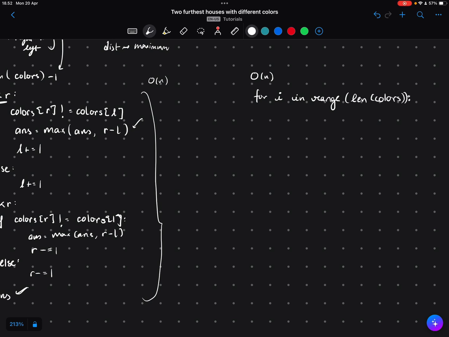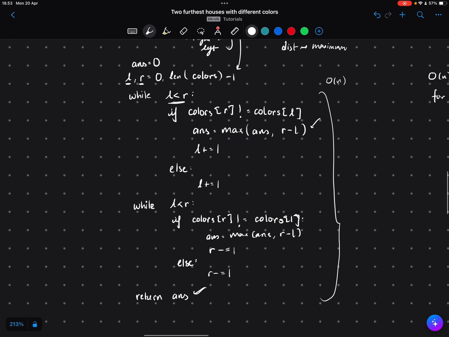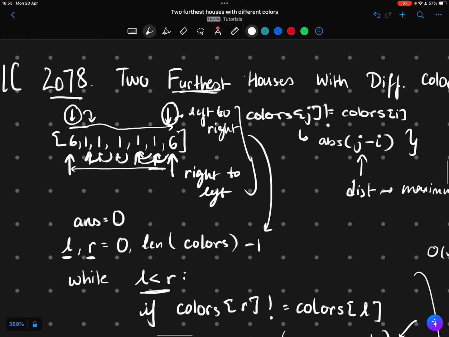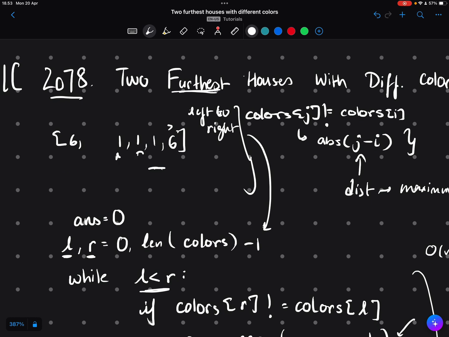So if we just do a simple for loop for i in range len colors, okay, we do the same condition. If colors i is not equal to colors j, okay. Now the thing that we do is we will simultaneously collect information for both our left and our right at the same point.